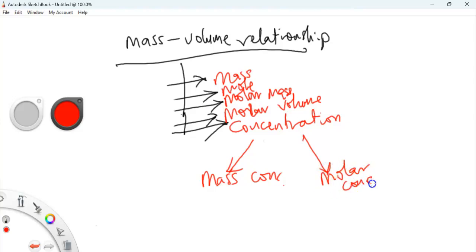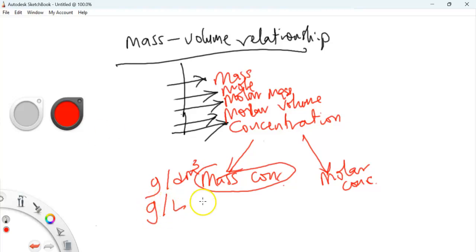Mass concentration is concentration in gram per dm³, or you can say gram per liter. Do you get? Then molar concentration is concentration in mole per dm³ or mole per liter.